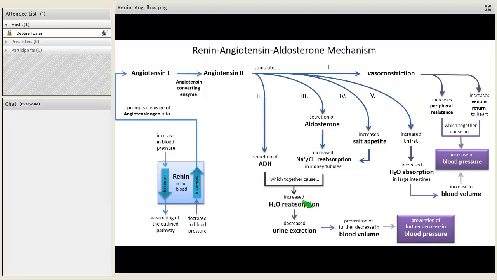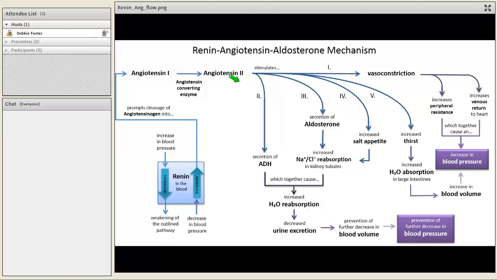So we're saving water. As we save water, then more water is actually stored in the blood, and then our blood pressure starts increasing. So what happens is we lower the amount of urine that's coming out, further preventing the decrease in blood pressure, and actually may increase the blood pressure a little bit.